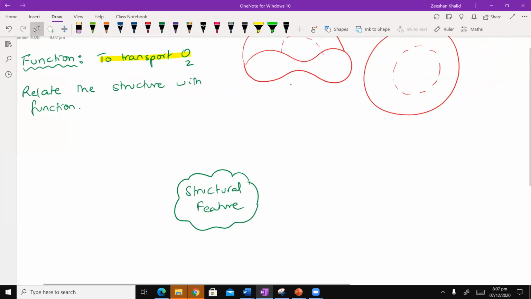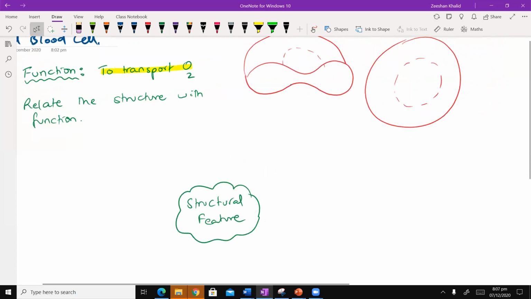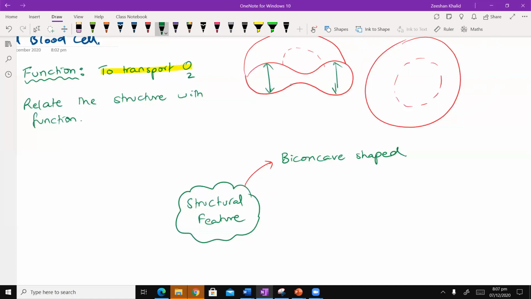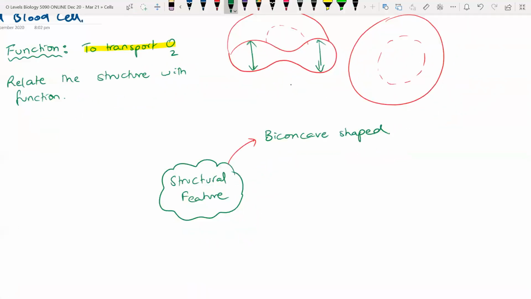So the very first and the most important feature that we need to know about the red blood cell is that it is biconcave in shape. What does that mean? You need to understand, biconcave is basically, if you look at the diagram, I've drawn arrows representing the edges.